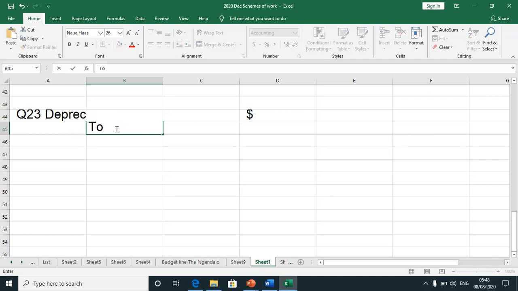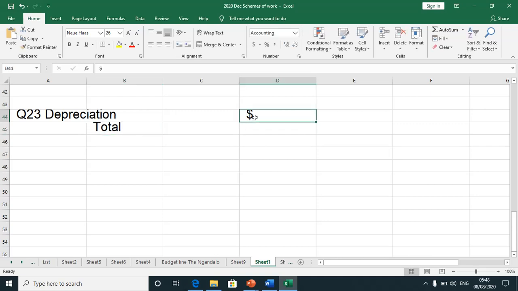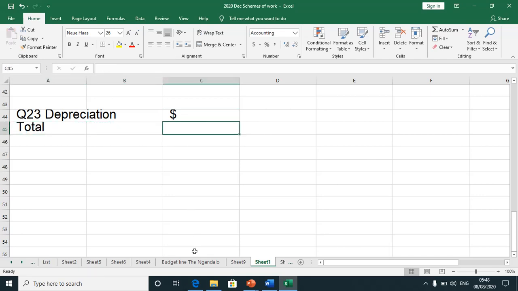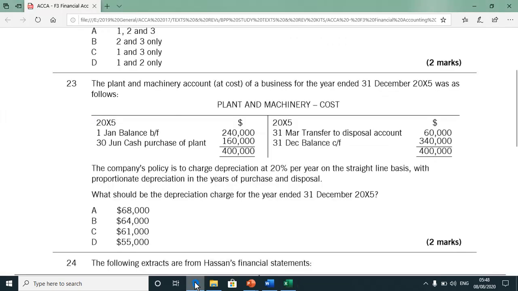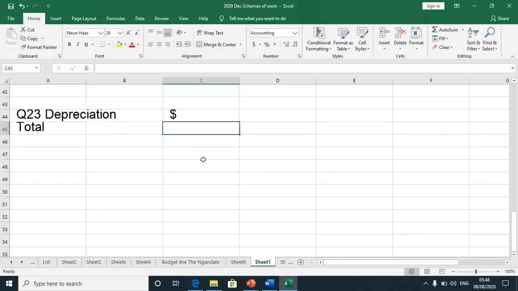So let's look at our account again and get the total figure for the sake of clarity. The total figure for our account is 400. Okay, so you put a 400 there, and then you begin to play around with the numbers.